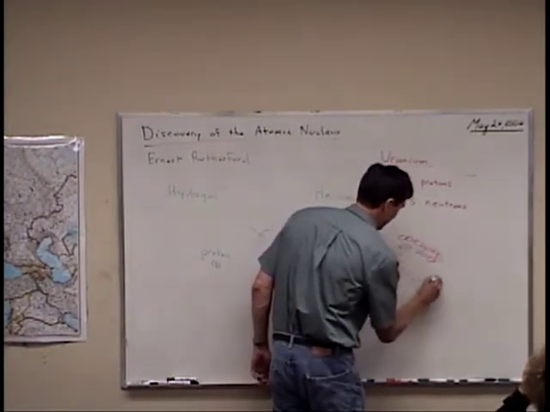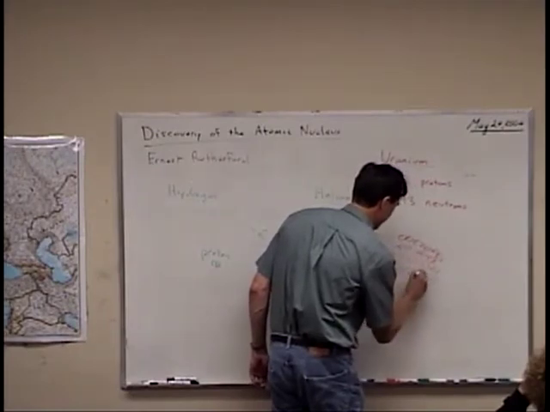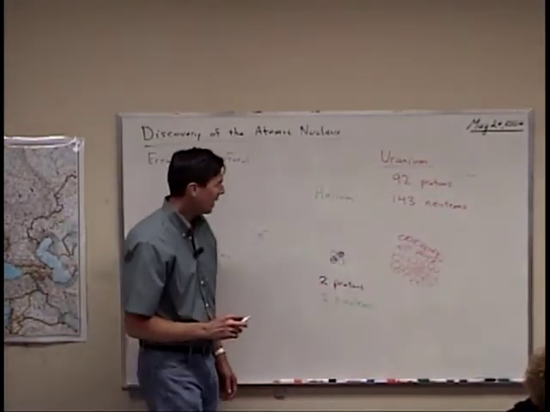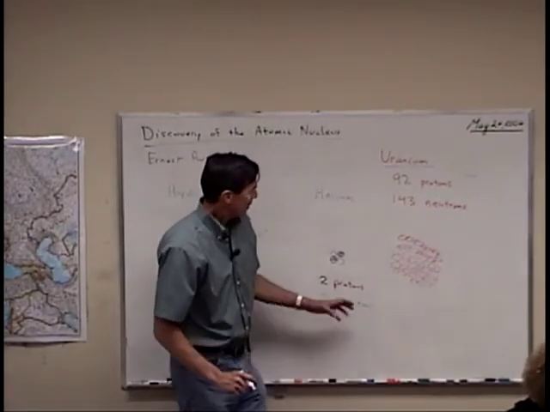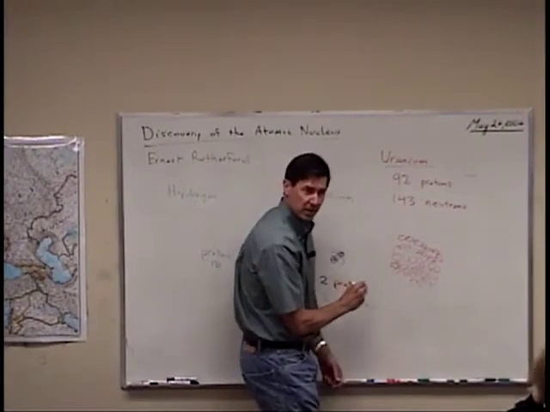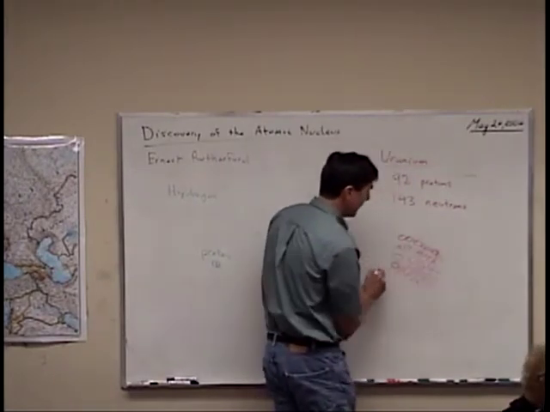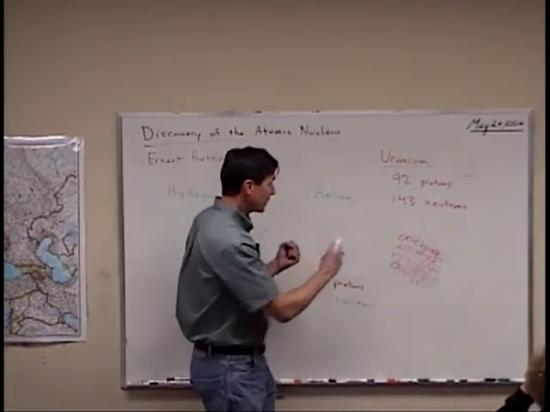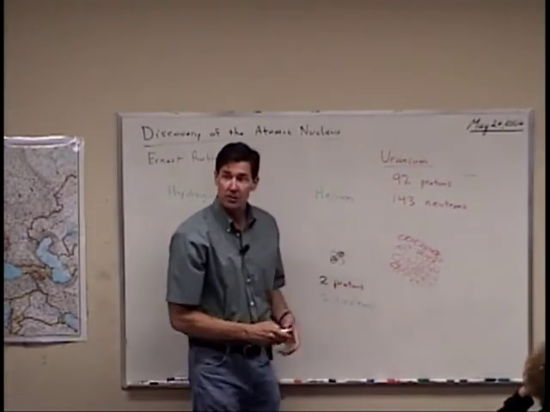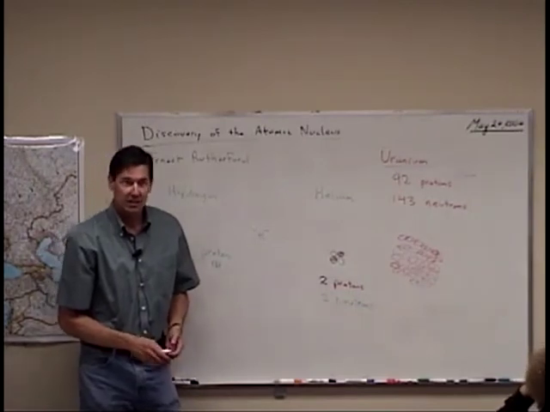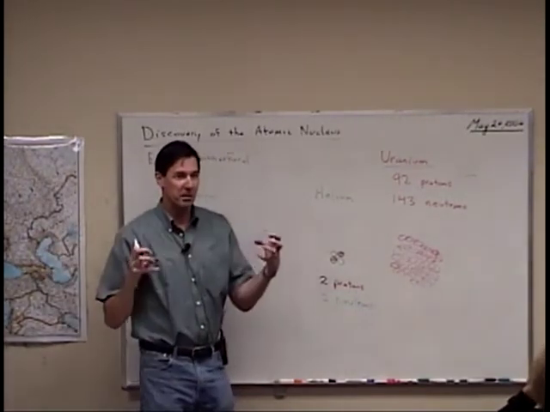You have this ball of neutrons and protons. But now say a proton on this side of the nucleus and one over here on the other side of the nucleus, the electrical repulsion is going to be greater than the nuclear attraction. So this thing is just going to want to break apart.